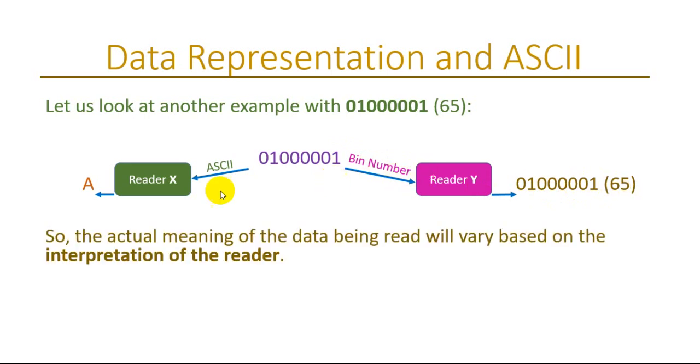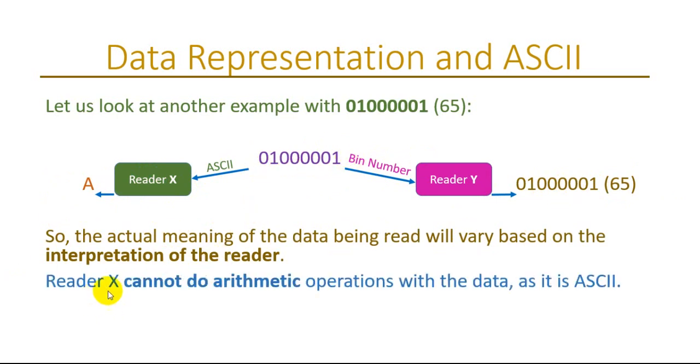So the actual meaning of data being read will vary based on the interpretation of the reader. He is reading it as ASCII, so it is A. He is reading it as binary, it's 65. What you have in the memory is the same thing. So reader X, this person, cannot do arithmetic. Why? Because he has read it as A. So he can't multiply or add or subtract or get the average or total it up with other ASCII values.